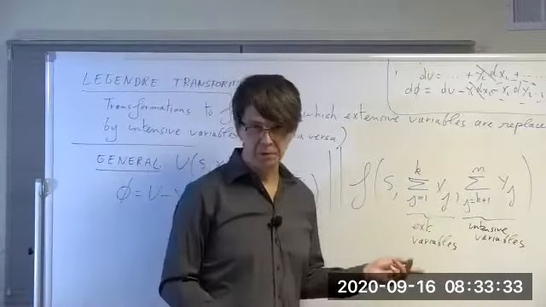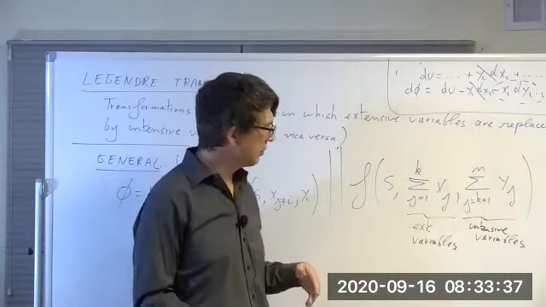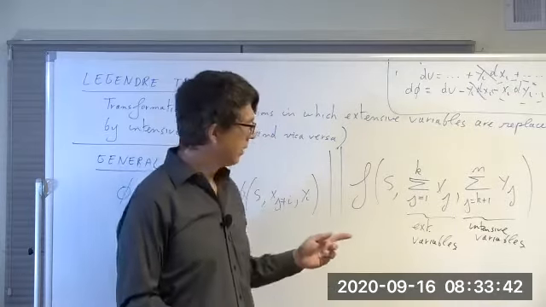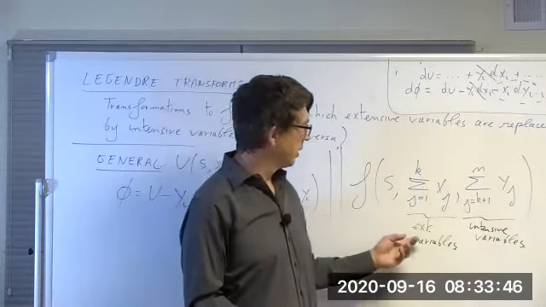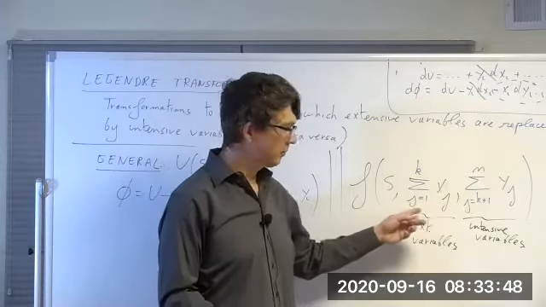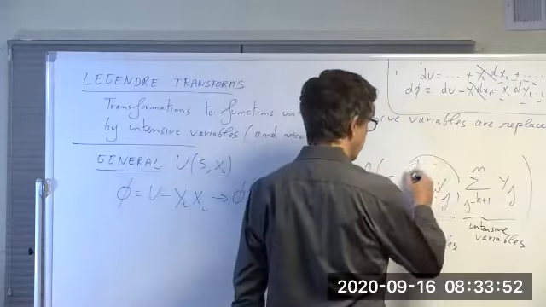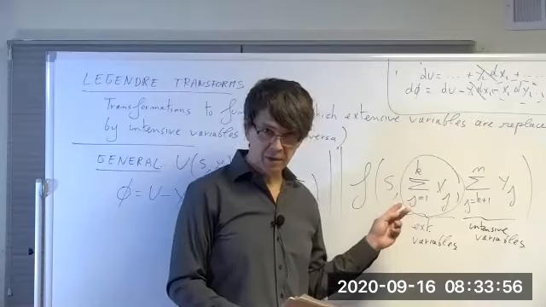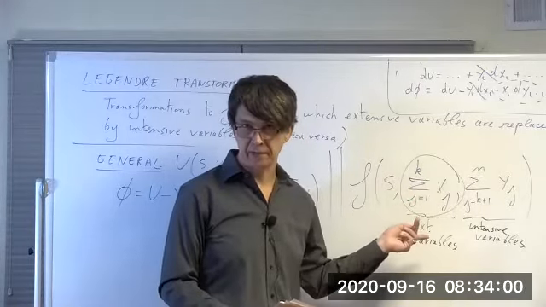Why do you think this is important? I'm going to give a bit of an intermezzo on Legendre transform, but you can kind of already see where this is heading, right? If I have a potential, a thermodynamic potential, in which I control a bunch of extensive variables, this set here, j is 1 to k, that means if I control xj, that means that work channel is not active, right?